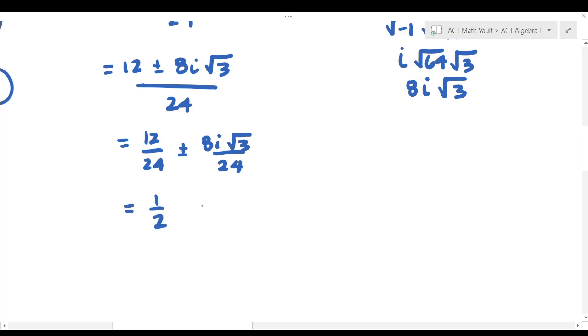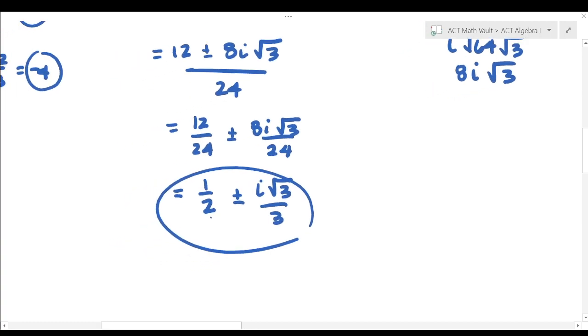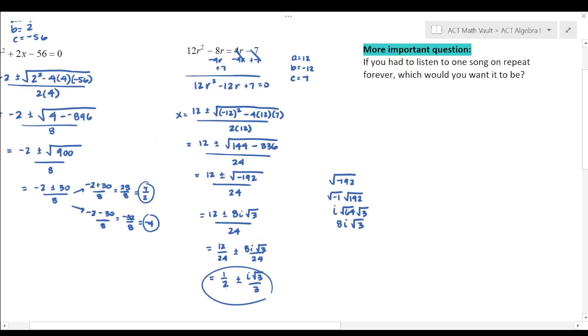Okay, this is 1/2 plus or minus, and then i root 3 over 3 because the 8 over 24 simplifies down to being 1 over 3. So, if we have 2 as a denominator here and a 3 as a denominator there, I could just keep all of this over 6. So just keep in mind that there are a few different ways to simplify.